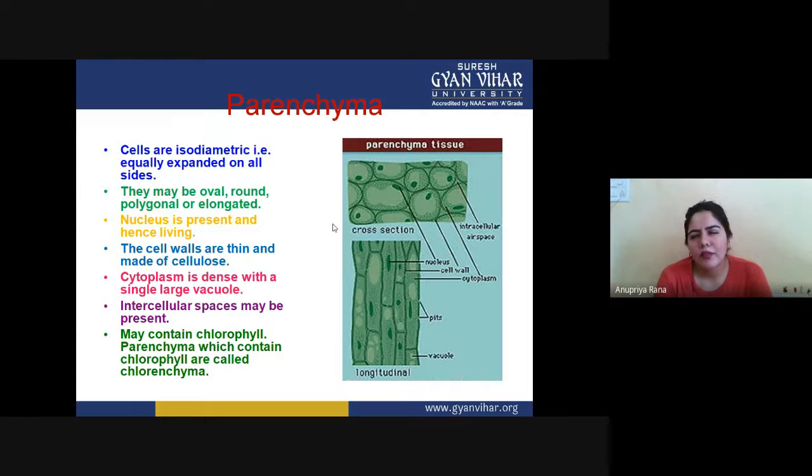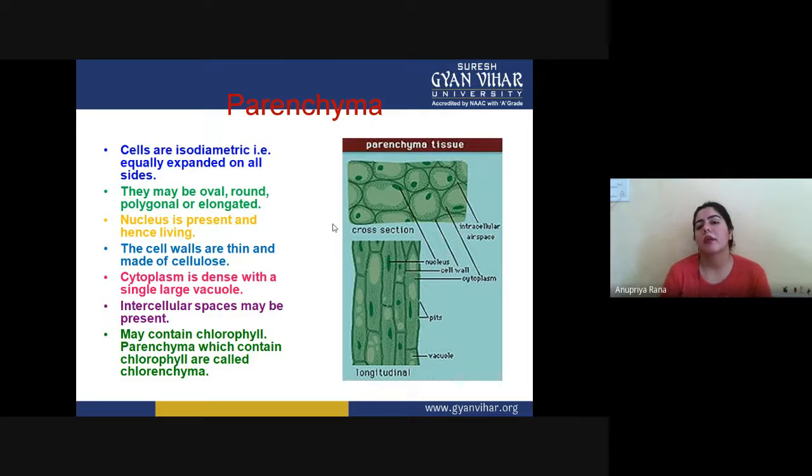These are the only cells in the simple tissues which are living cells. We will study collenchyma and sclerenchyma after this parenchyma tissue, and you will see there that no cell is living. Only parenchyma is the living one. The cell walls are very thin and made up of cellulose.